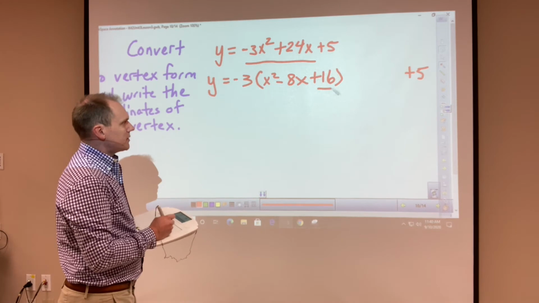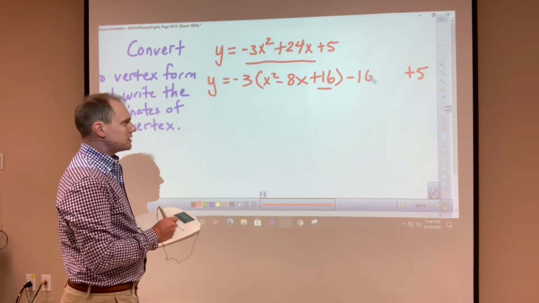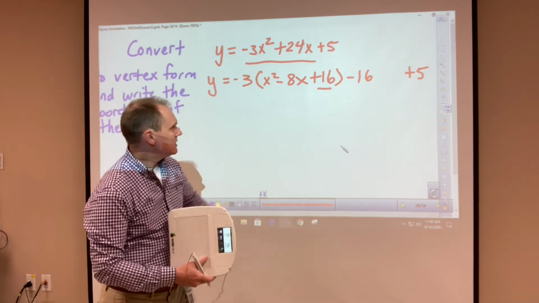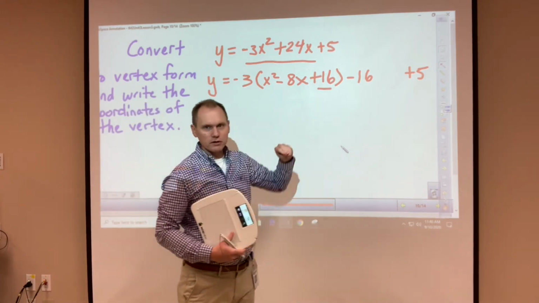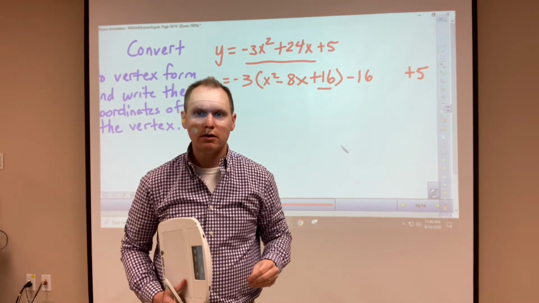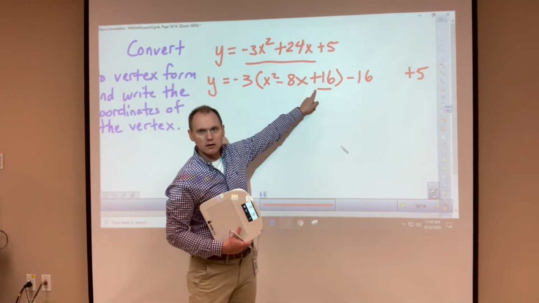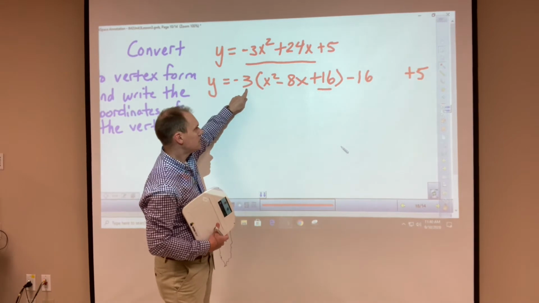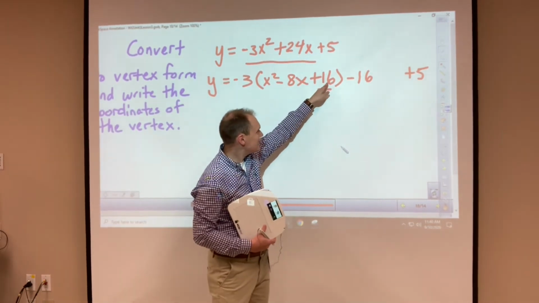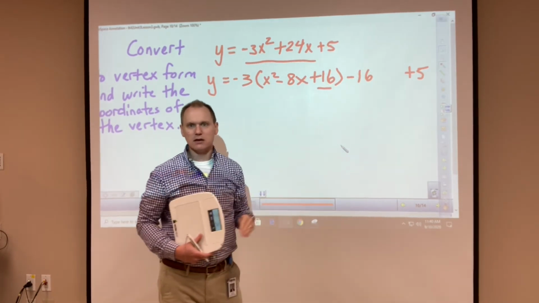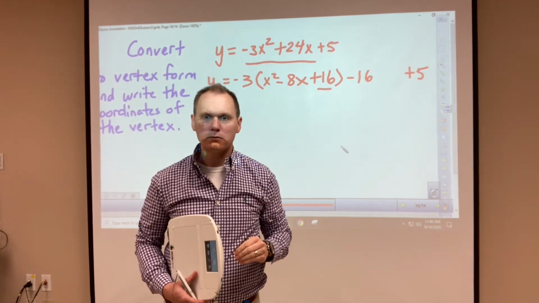This 16, you might say, okay, well, let's just subtract 16 on the outside. But this 16 here is not really just a 16. Everything in this parentheses is being multiplied by what? Negative 3, right? So when I put 16 in here, I'm actually putting in a negative 3 times 16, which is a negative 48.